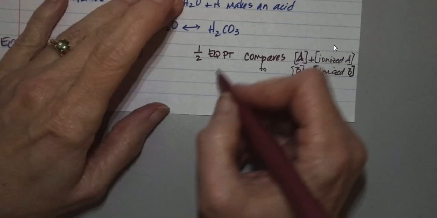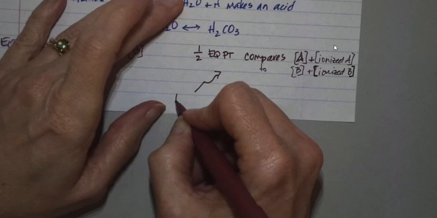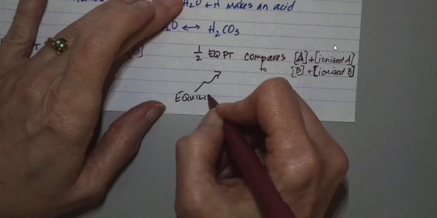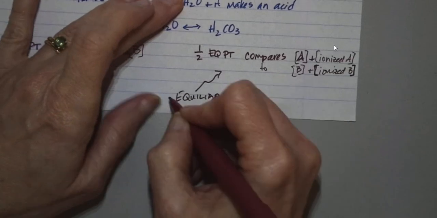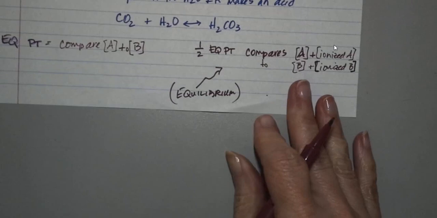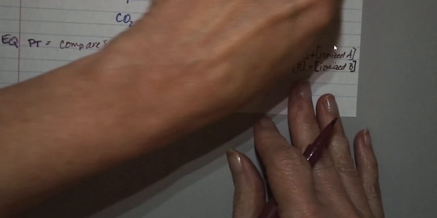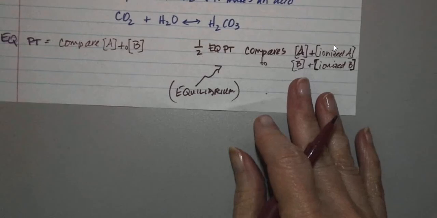I put that in there because there was a question asking about that. The equivalence point, they might ask you about that, but really it's not that big a deal. We end up using the half equivalence point more than that.